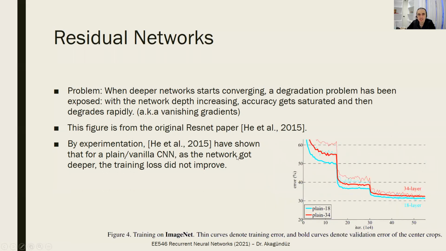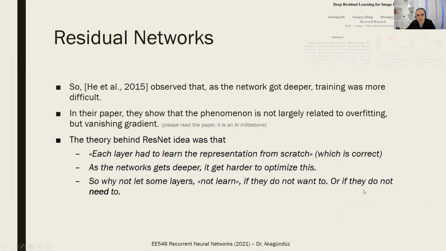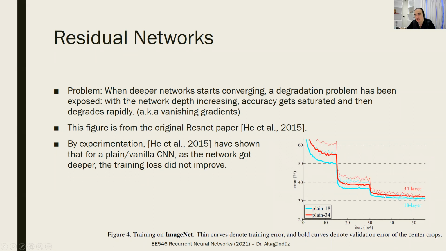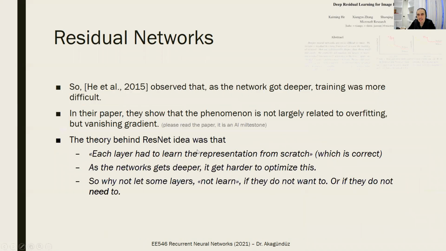But when he had the residual connections, he saw that this didn't have to be the case. And with this approach, Kai-Ming He et al. designed very deep, ultra deep networks, like 100 layers or 200 layers, because they were never dead. So the gradients never vanished. This was an idea to create that highway.